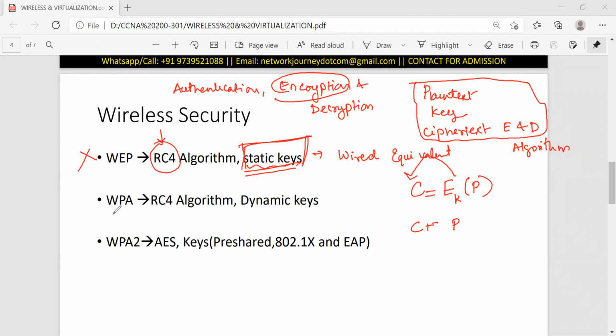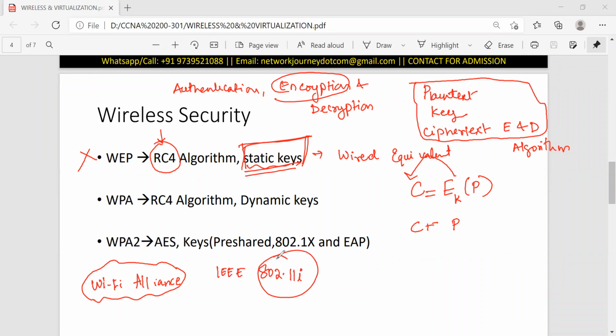WPA, which came later, stands for Wi-Fi Protected Access. These security protocols were given by the Wi-Fi Alliance. Just now when I mentioned the regulatory bodies, these are given by the Wi-Fi Alliance, and IEEE defines all these kinds of security using the standard 802.11i.